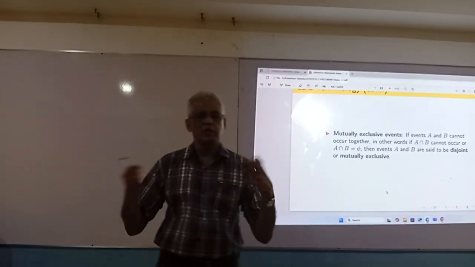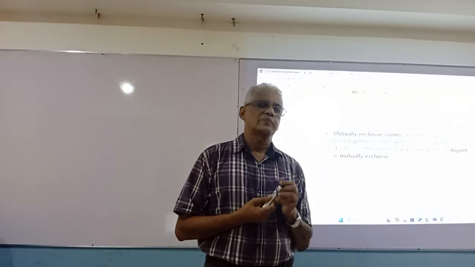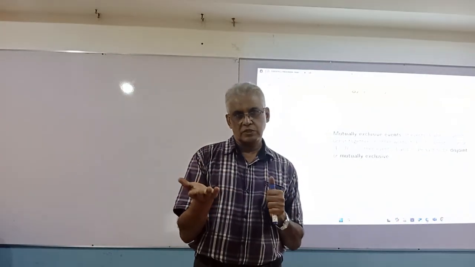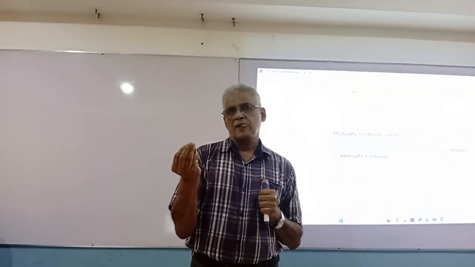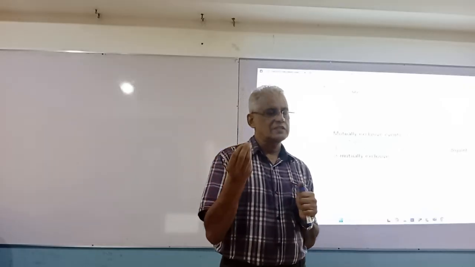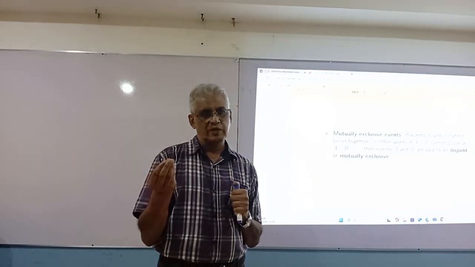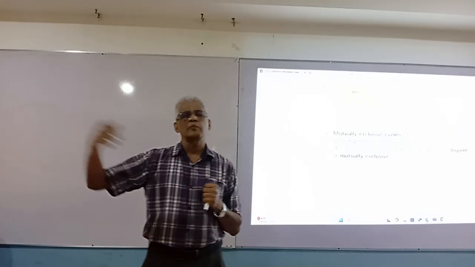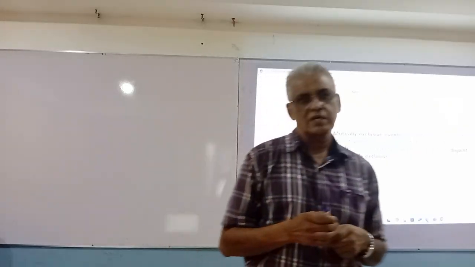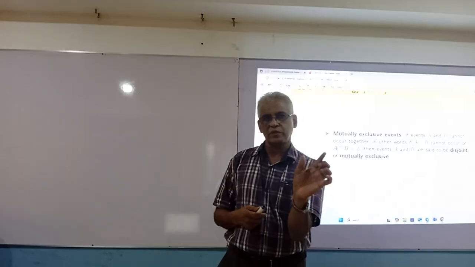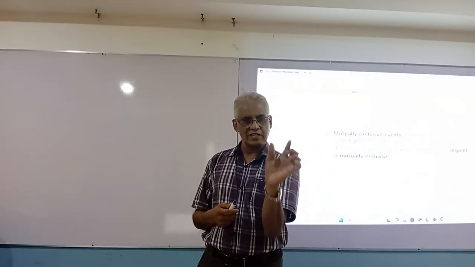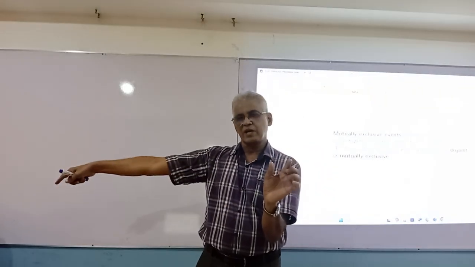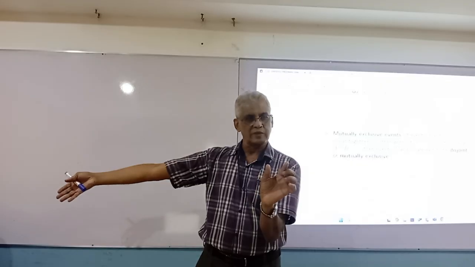For example, if you roll a dice, suppose you get a 2. That means the event, even number, has occurred. Let's consider another event, having an odd number. At the same time, when 2 has occurred, the even number event has occurred, but odd number has not occurred; that cannot occur at the same time.